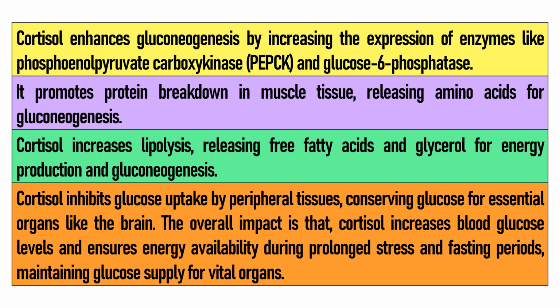Cortisol inhibits glucose uptake by peripheral tissues, conserving glucose for essential organs like the brain. The overall impact is that cortisol increases blood glucose levels and ensures energy availability during prolonged stress and fasting periods, maintaining glucose supply for vital organs.